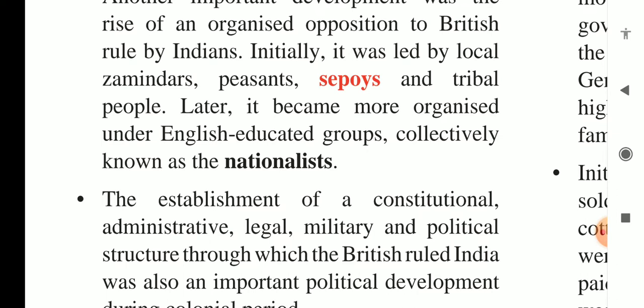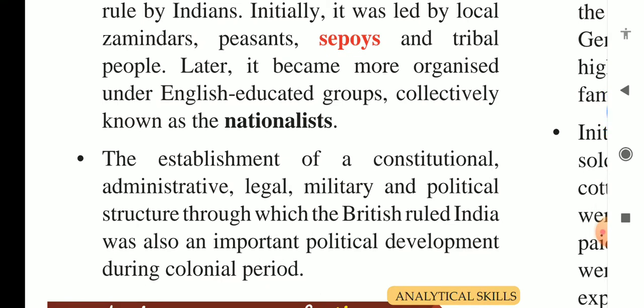Because English education was imparted in the Indian subcontinent, many Indians started getting English education, and they started reading the books of the French Revolution and many other revolutions which took place in Europe and other parts of the world.